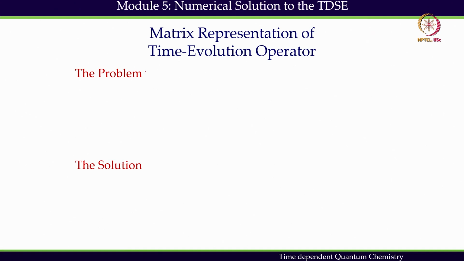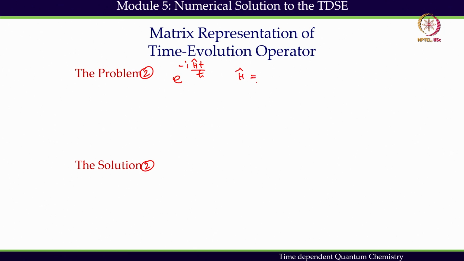So, problem number 2 is that the time evolution operator contains the Hamiltonian operator, e to the power minus i, and this is the Hamiltonian operator.